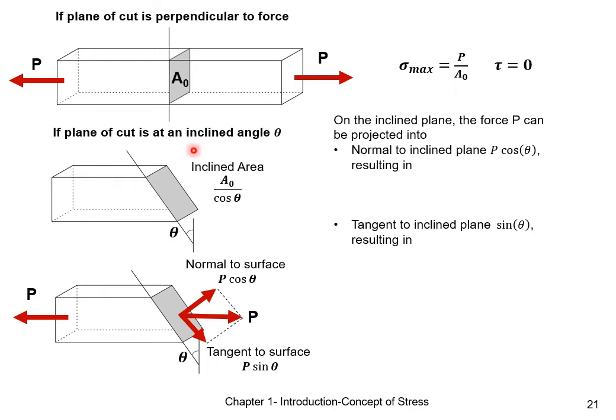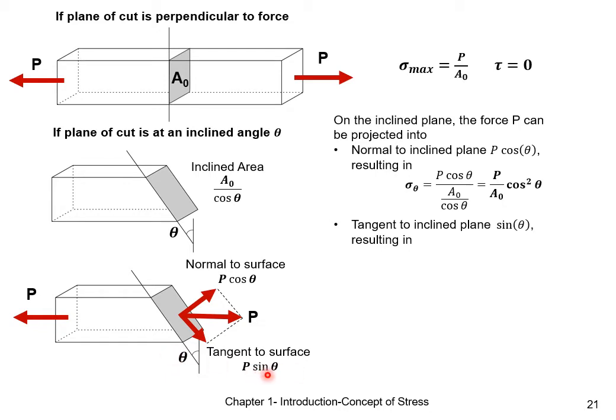If instead we consider a plane of cut that is at an inclined angle, say theta, the area of this cross-section will be A0 over cosine theta. The forces on this inclined plane will correspondingly be broken down into a component that is perpendicular to the surface, P cosine theta, and parallel to the surface, which is P sine theta.